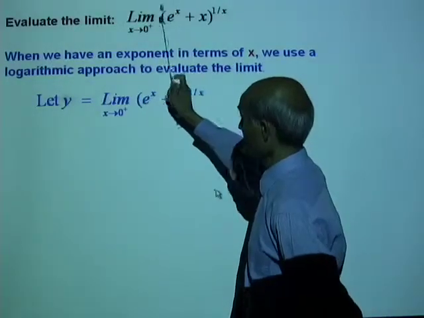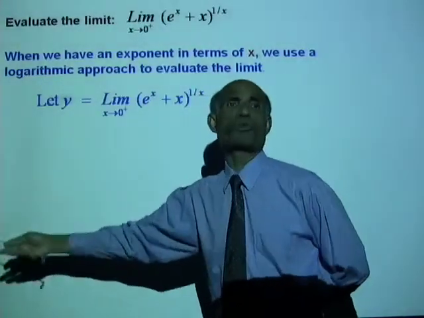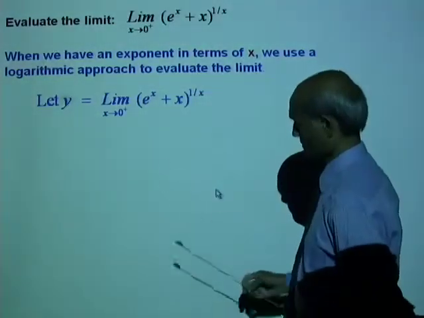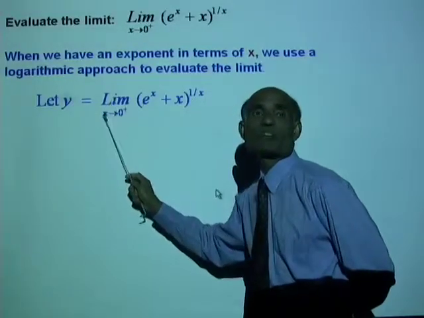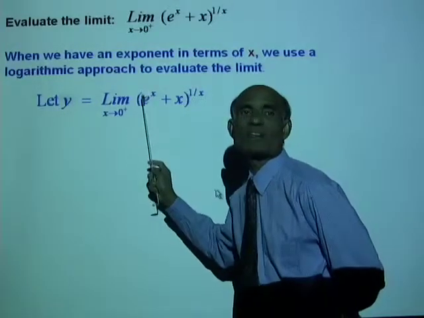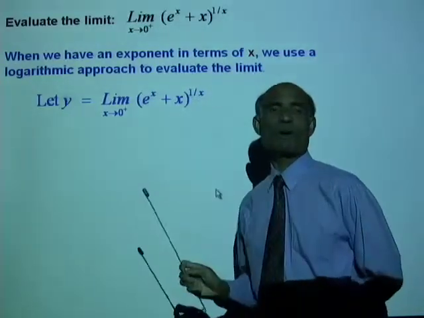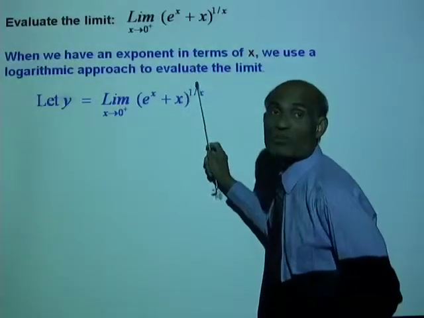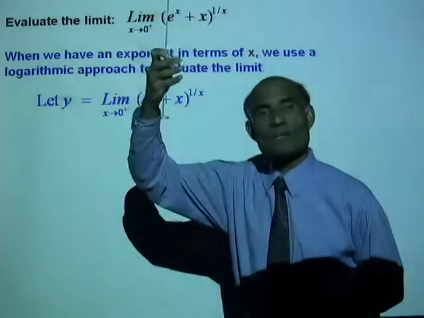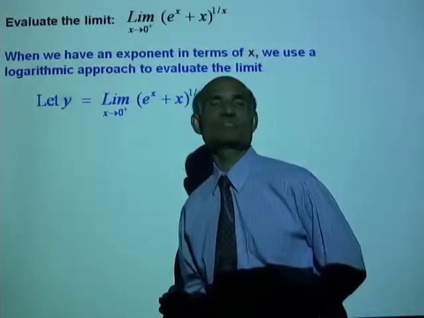So what we're going to do is, because we have a power 1 over x, we're going to call this limit y. So we say let y equal to limit x approaches 0 from the right, e to the power of x plus x, all raised to the power of 1 over x. Whenever we have quantities that are raised to a power that contains the variable, this is the approach we need to take.